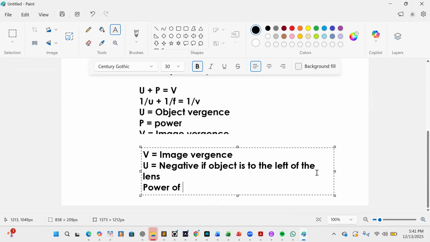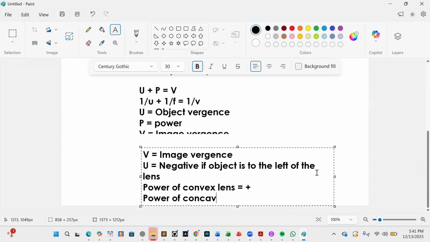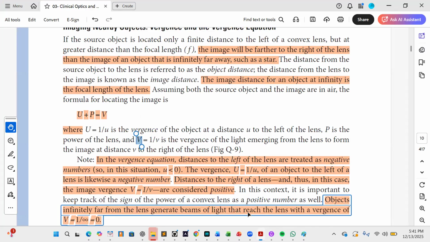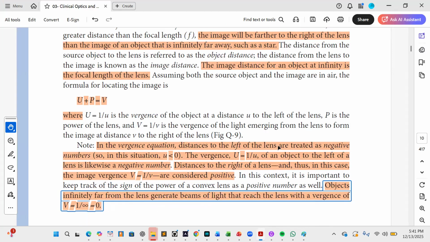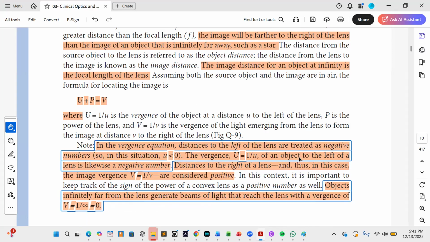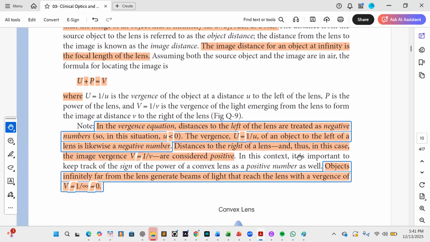Power of a convex lens is positive. Power of a concave lens is negative. Can you see the left of the lens still has negative?